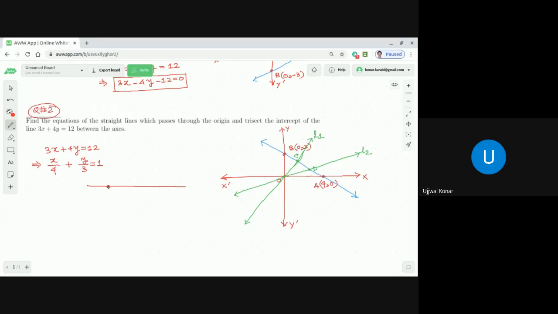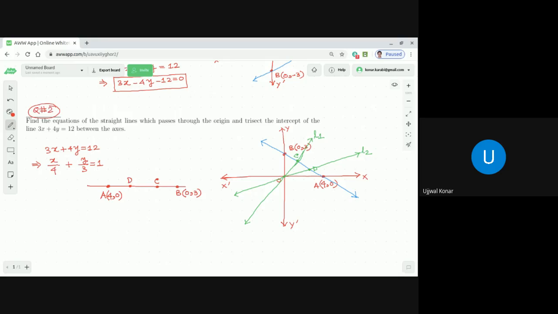This is the point A, and this is the point B. It is already given: the coordinate of the point A is 4, 0, and the coordinate of the point B is 0, 3. And you have two points in between. This point is C and this point is D.